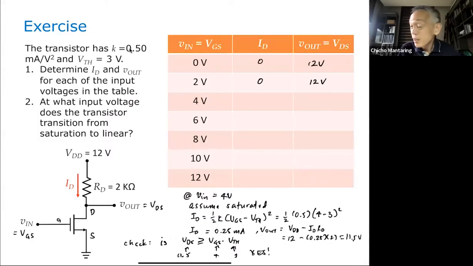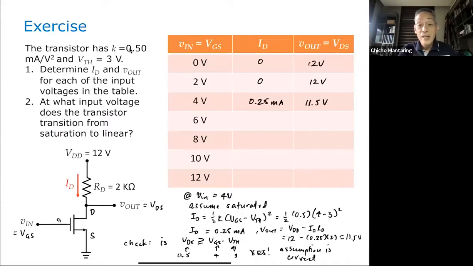Tama, no? 11.5 is greater than 4 minus 3. So yes, ibig sabihin, assumption correct, no? Assumption is correct. So tama yung value ng 0.25 mA dito. And tama rin yung value ng 11.5 volts dito.